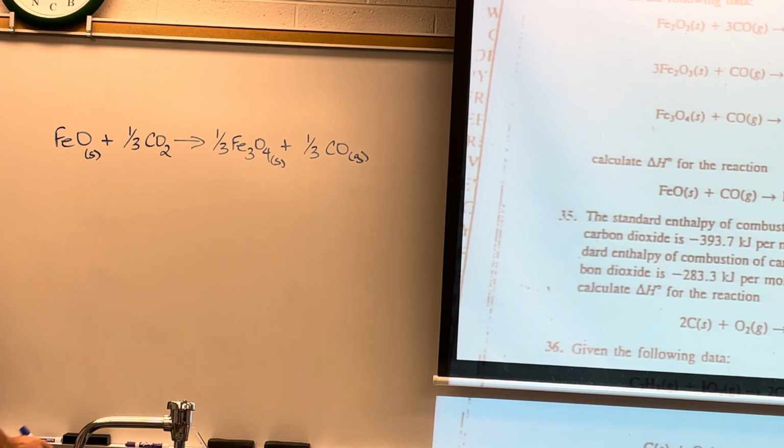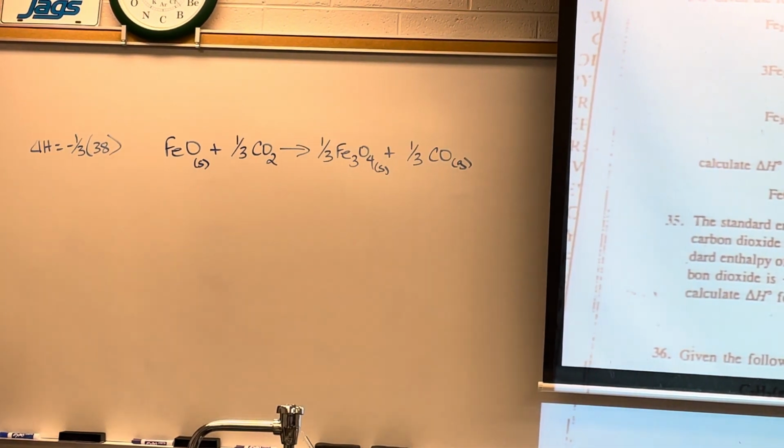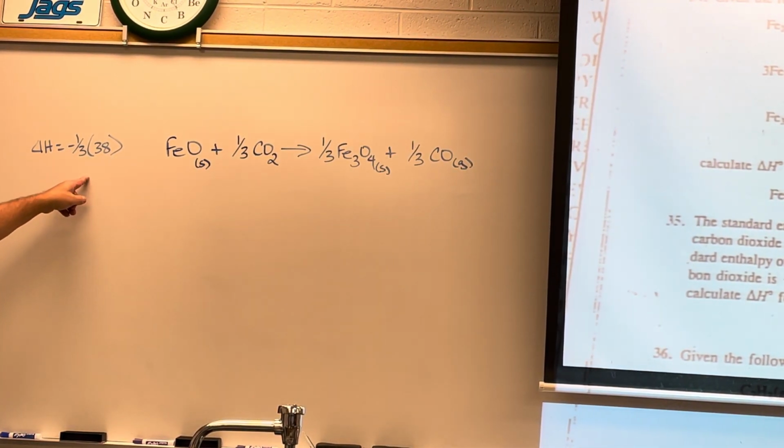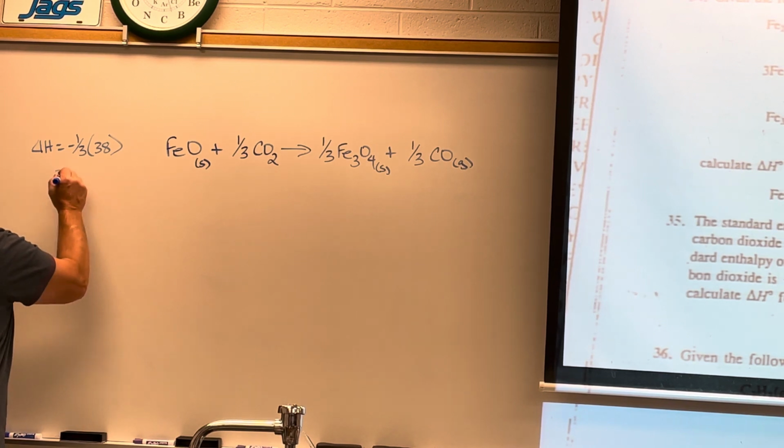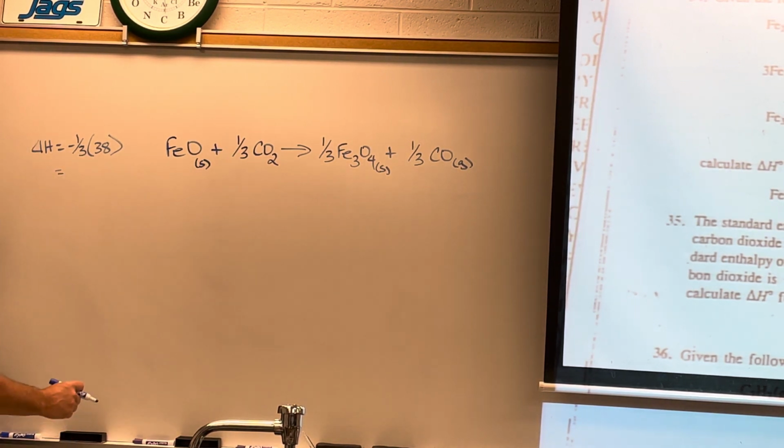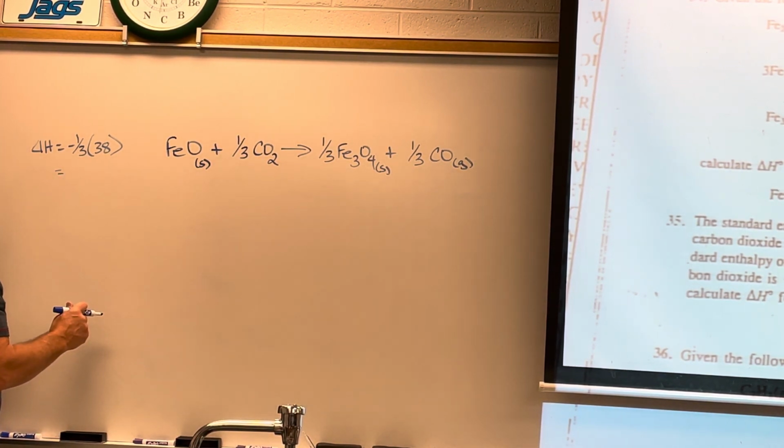Negative 1/3 times that. So delta H is equal to negative 1/3 times 38, which is going to equal negative 12.67. Is that right?